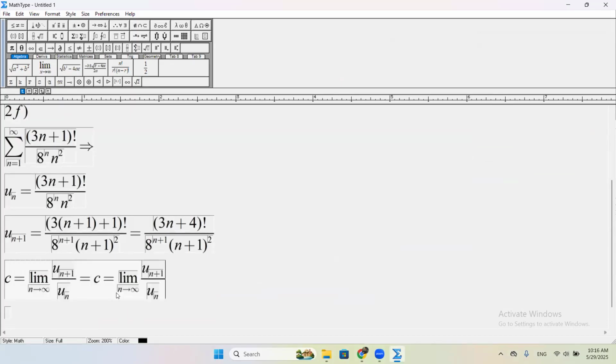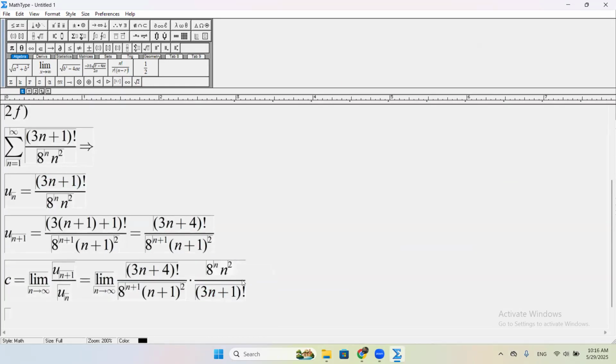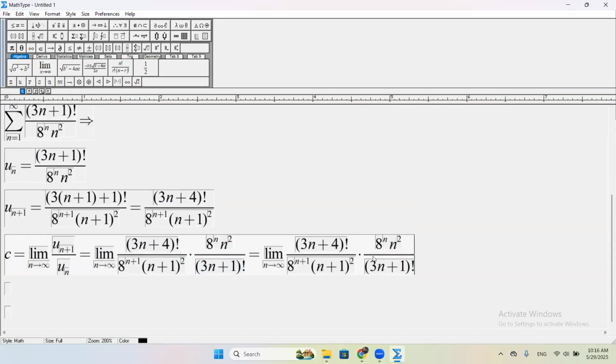So it will be equal to this expression, and we will multiply by this fraction, but let's turn it over, of course. So now let's simplify it. First of all, 8 in power of n, and here just 8. So actually we will move 1 over 8 out of brackets. Then n square and (n plus 1) square are equivalent.